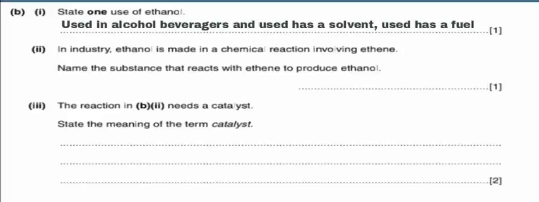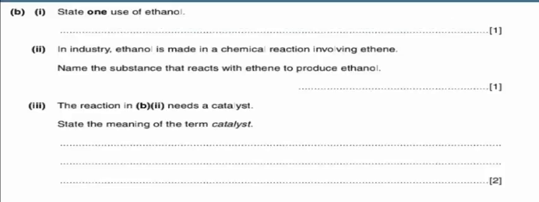Then Roman numeral number 2. In industry, ethanol is made in a chemical reaction involving ethene. Name the substance that reacts with ethene to produce ethanol. You can produce ethanol in 2 ways. You can produce ethanol by fermentation. You can also produce ethanol by reacting ethene with steam.